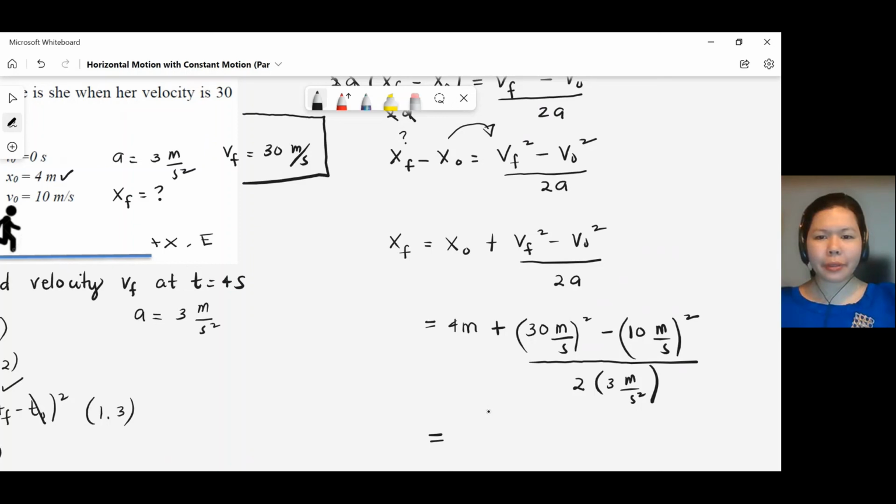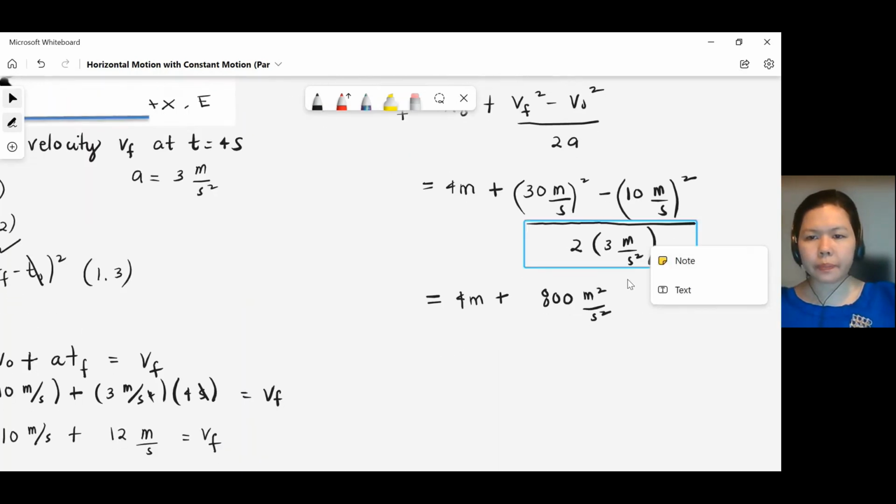And so we have, using your calculator, 4 meters plus 30 square minus 10 square is 100. 800 meters square over second square.